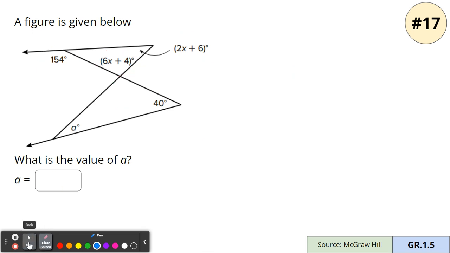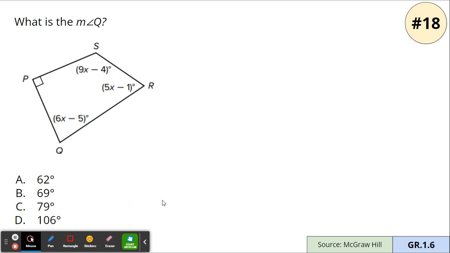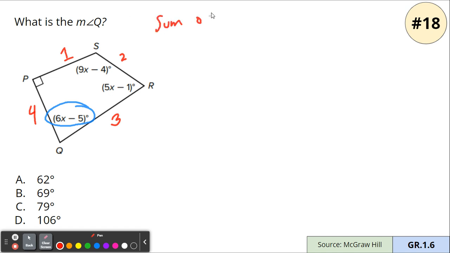Okay, let's go to question number 19. For number 19, what is the measure of angle Q? So angle Q is this one, 6x minus 5. As you can see here, we are given a quadrilateral. We have 1, 2, 3, 4, a four-sided polygon. Before we can find our x, we have to know the sum of the interior angles of our quadrilateral.